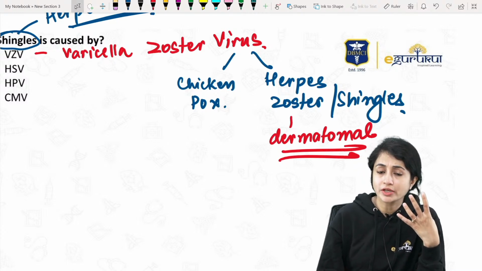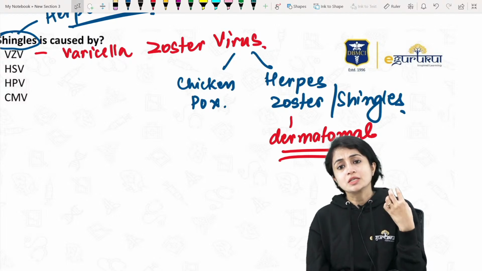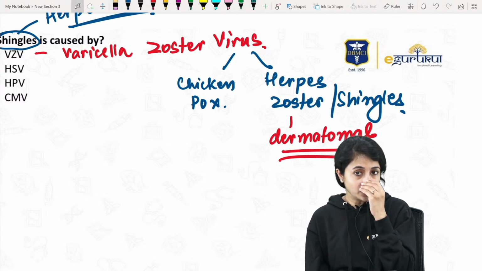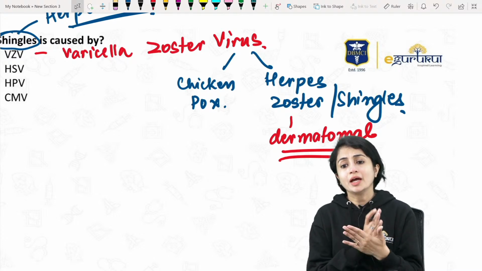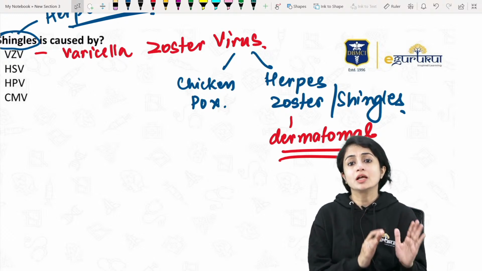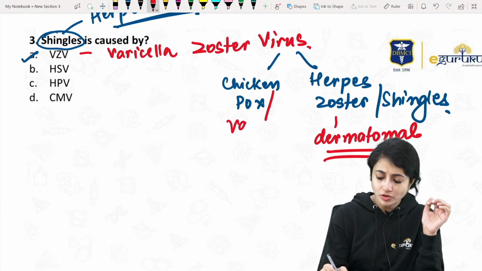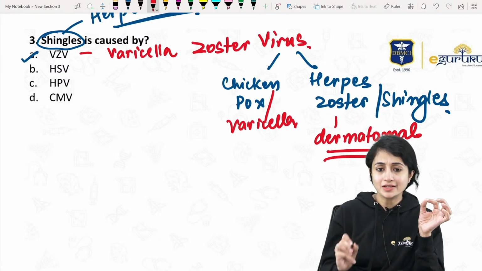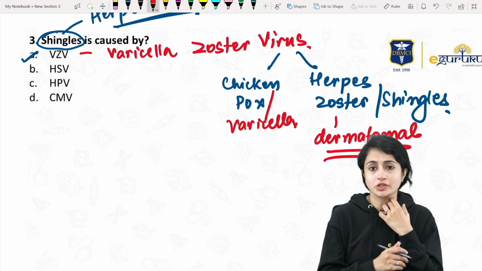Then along the distribution of the trigeminal nerve, sometimes later in life, you may get an eruption of vesicles and bullae, which are strictly dermatomal, with midline demarcation, and that is called herpes zoster or shingles, caused by varicella zoster virus. Varicella is chickenpox, and zoster is herpes zoster. So VZV is varicella zoster virus, which causes varicella or chickenpox, and zoster or shingles.